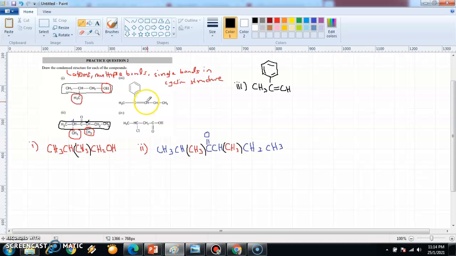Then the next carbon is CH2, ignoring all the single bonds, and the last one is CH3. Now, for question number 4, you can try it yourself.